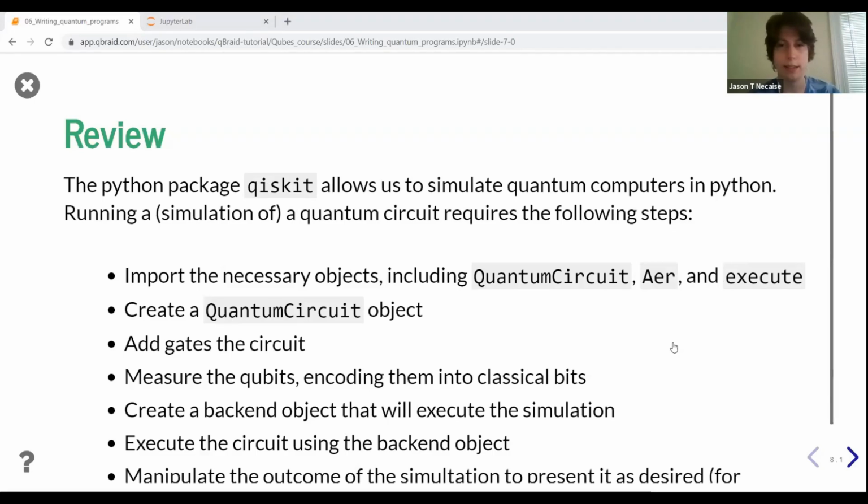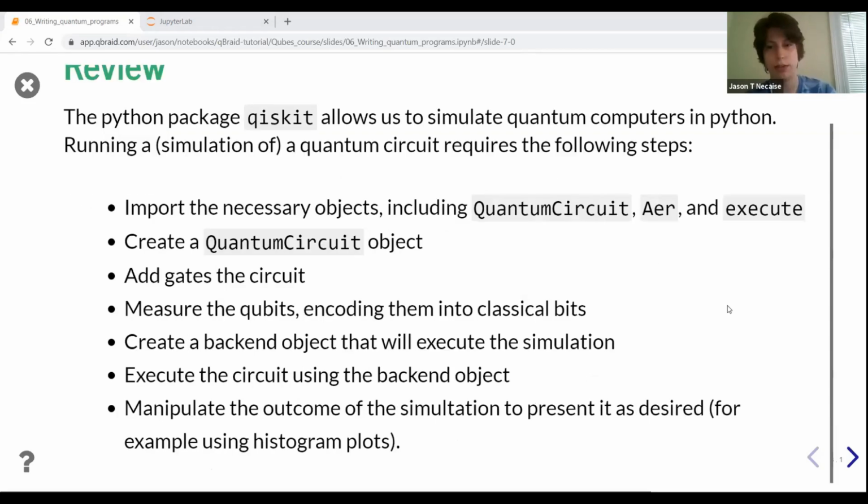So we will be using Qiskit, and you have to follow these steps to actually interact with quantum circuits, right? First, import everything and create your quantum circuit. You add gates as you would like by telling Qiskit where you want to apply each gate. You can then add measurements, which will be encoded into classical bits sitting on the sideline of your circuit.